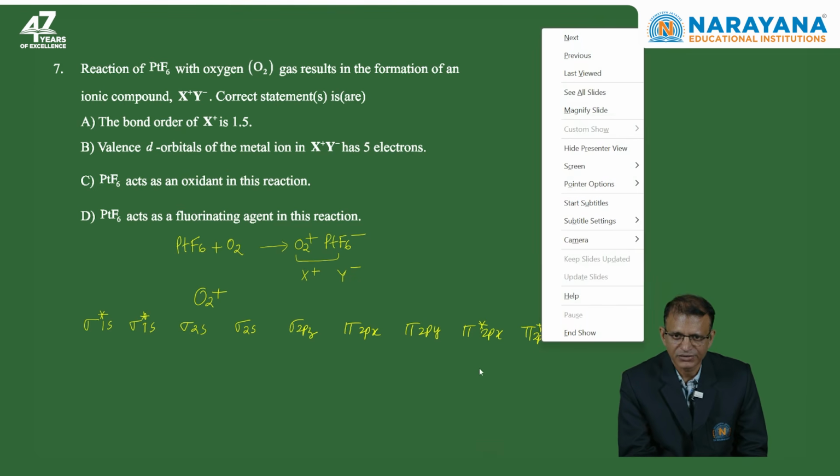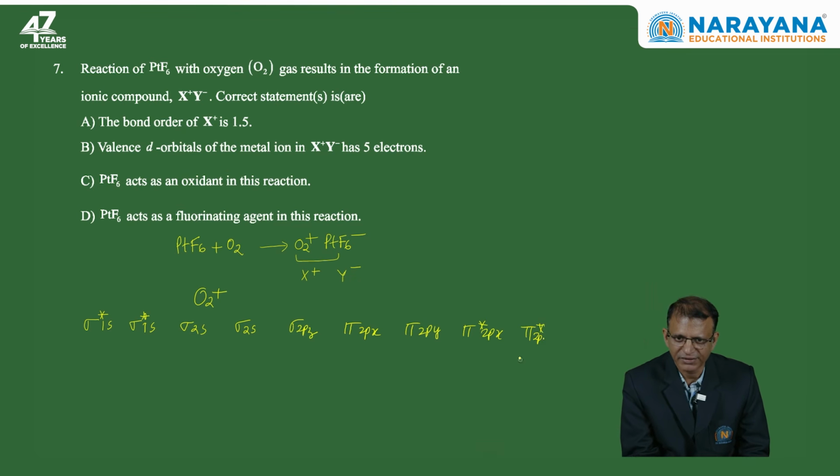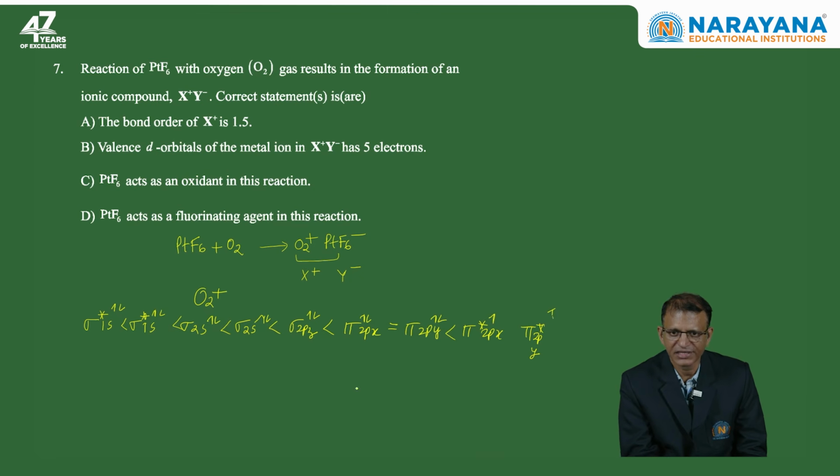If we try to fill the electrons, 2 electrons in each, sigma 2pz has 2 electrons, pi 2px has 2 electrons, pi 2py has 2 electrons, and pi star 2px and pi star 2py have 1 unpaired electron each, right?